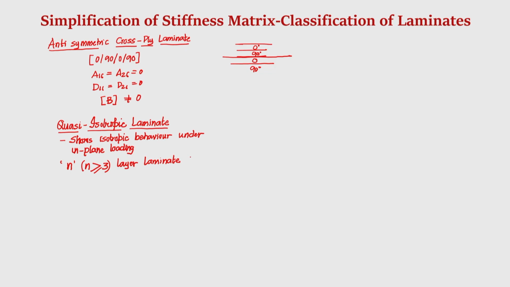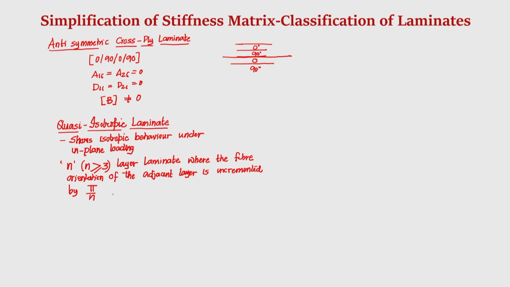It is an n layer laminate where the fiber orientation of the adjacent lamina is incremented by pi by n.